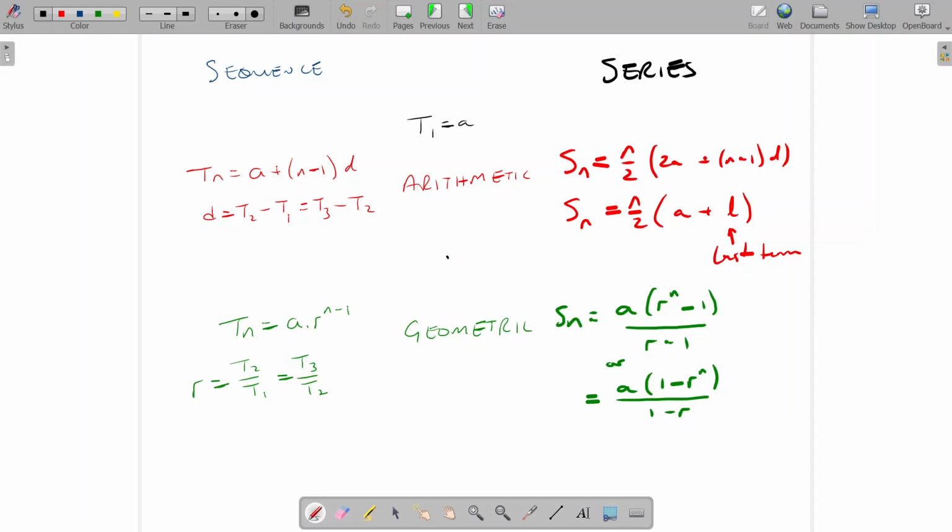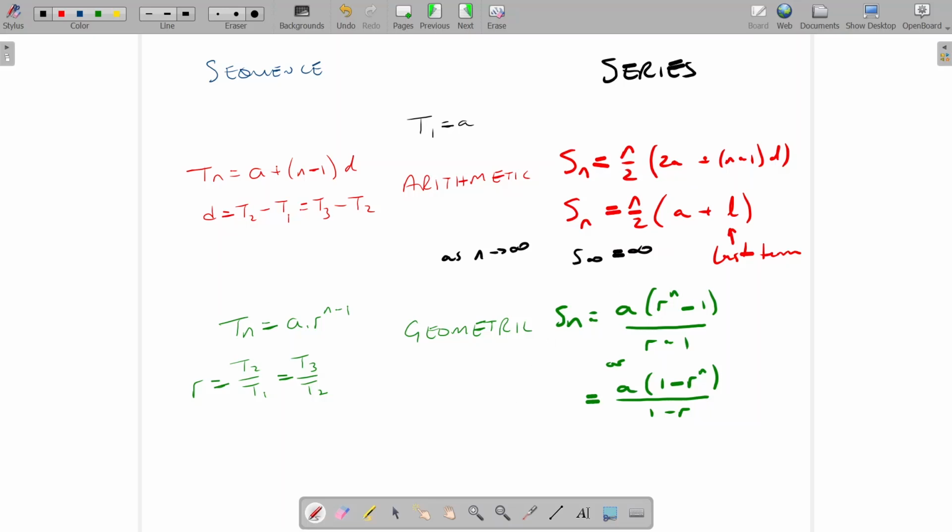If this is arithmetic and this thing is getting bigger, then we can understand that as n gets bigger and bigger and bigger, S, the sum to infinity, will always equal infinity, or negative infinity. I'm going to hedge my bets here by saying positive or negative infinity.